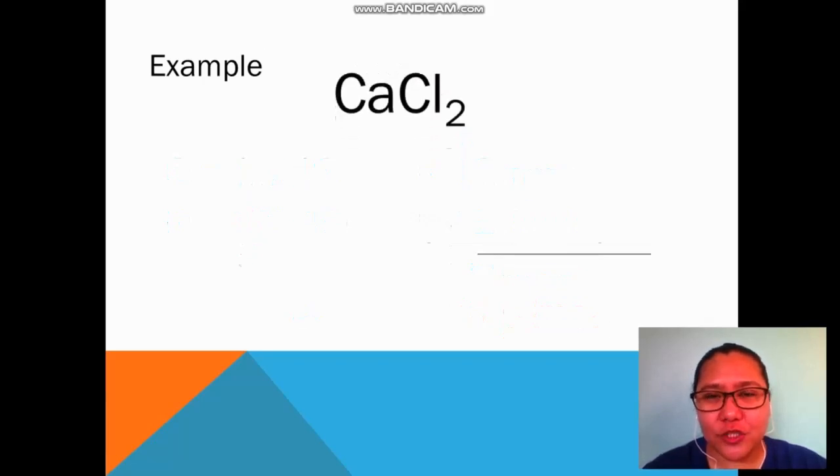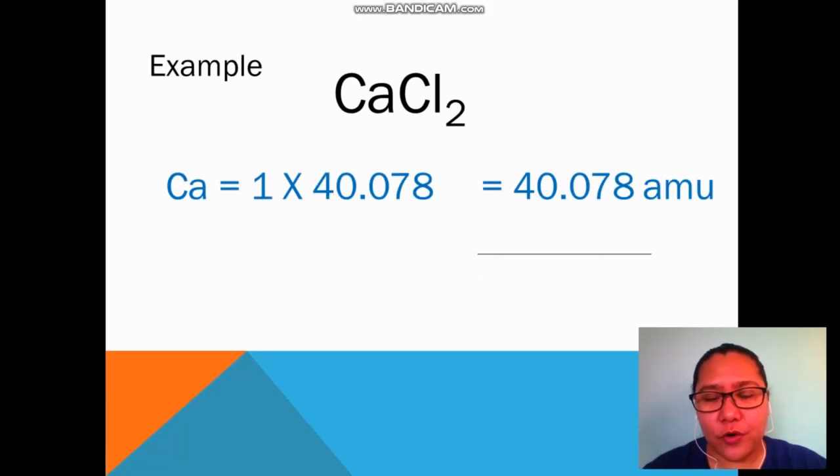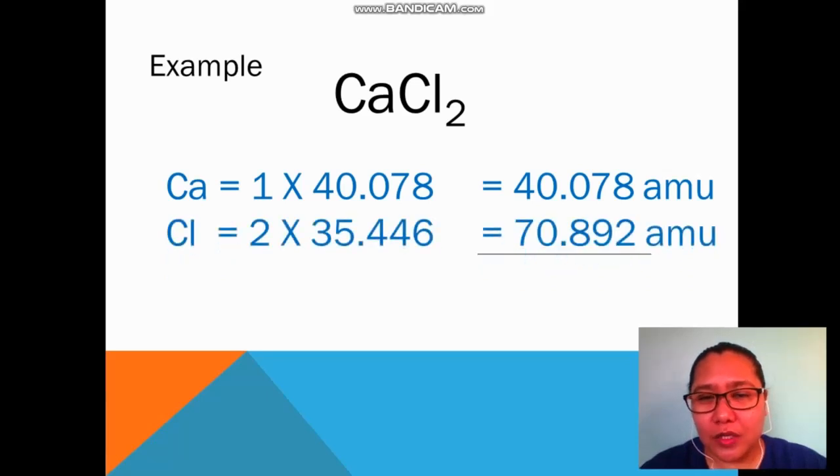You have calcium chloride as another compound. To solve for the molar mass, you have calcium with 40.078 as its atomic weight. The number of atoms present is 1, so that would give us 40.078 atomic mass units. And then you have chlorine with 2 atoms.